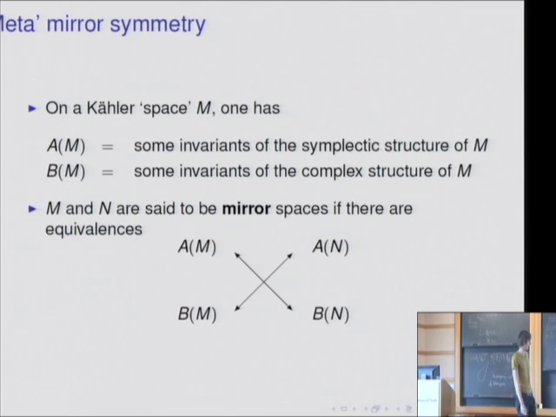It says that sometimes there are pairs of Kähler manifolds, M and N, and we say that they're mirror spaces if the symplectic invariants of M are equivalent to the complex invariants of N, and vice versa. So these two structures get swapped.